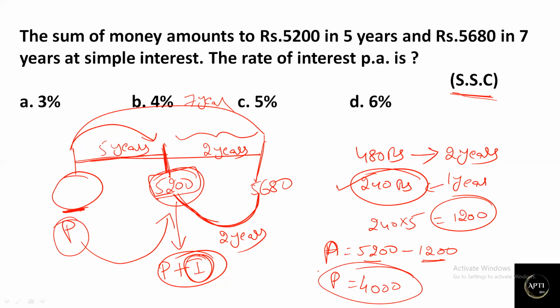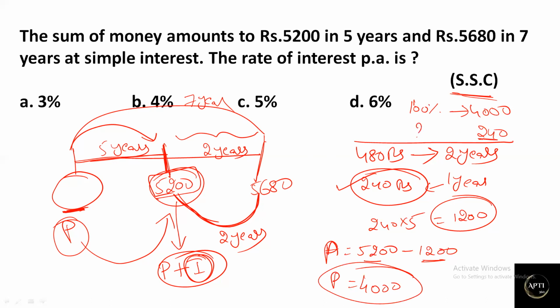Now very simple, what we need to calculate is the rate of interest per annum. Here we know that 100% value is nothing but 4,000. If 100% value is 4,000, what percent is 240?